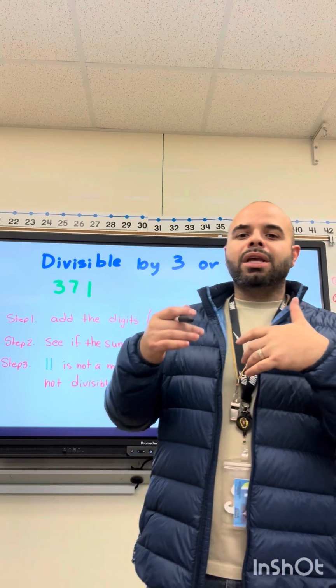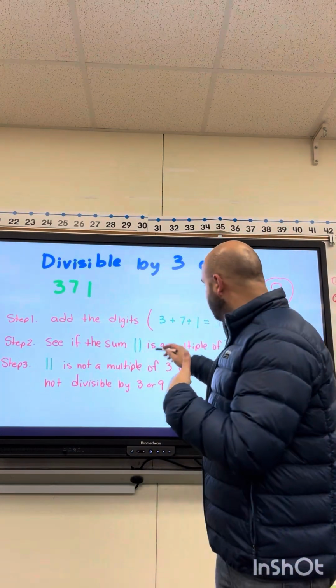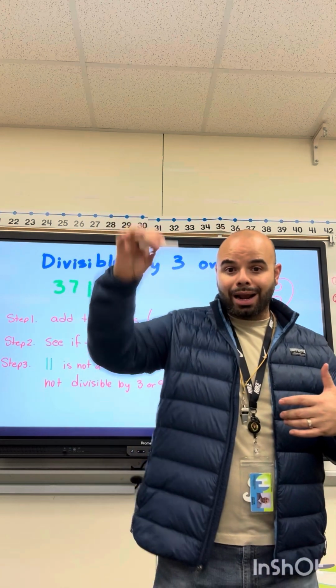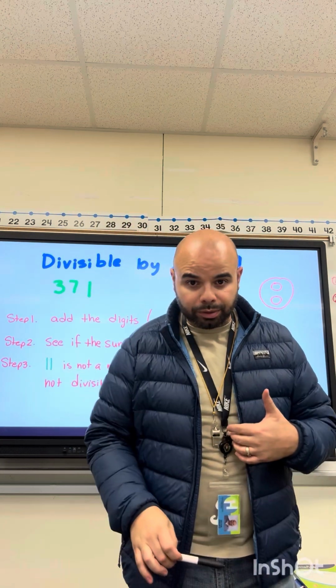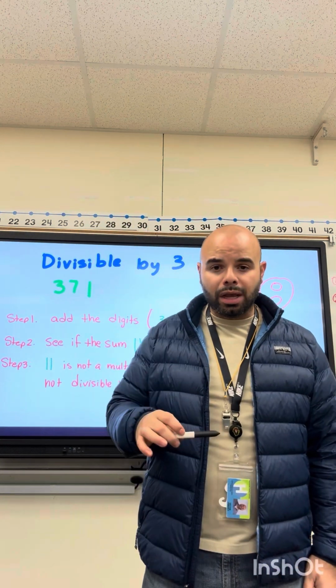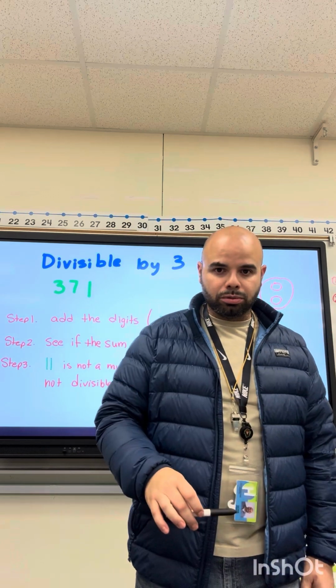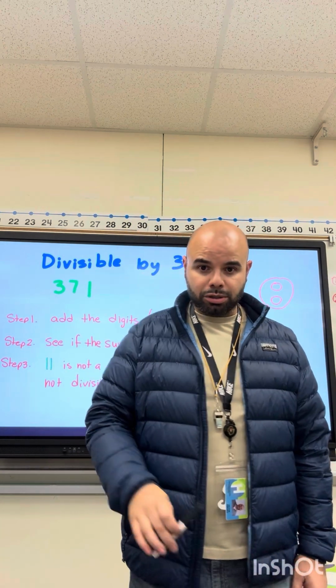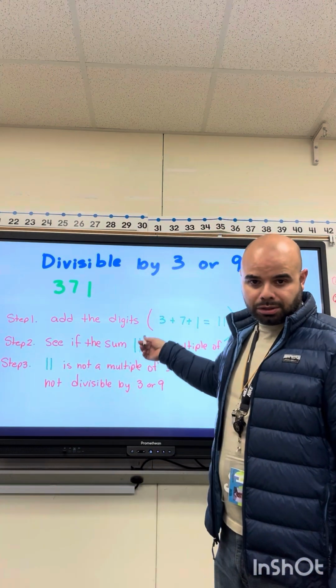Multiple is if you see the number 11 down your 3 times tables or your 9 times tables. Do you see the product 11 in your 9 times tables? Do you see the product 11 in your 3 times tables? We're just using this 11 as an example.